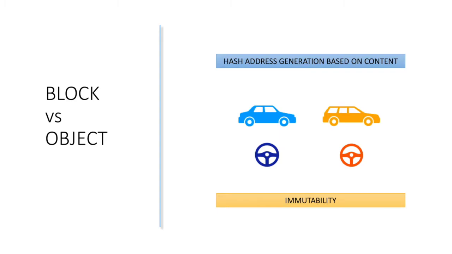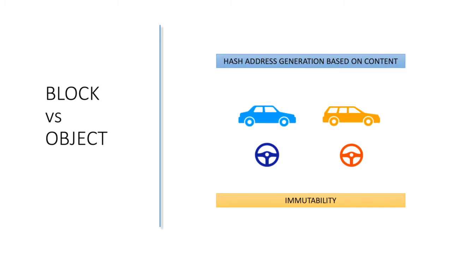If you had the capability of addressing at a block level, at a steering level, you would have just gone and changed the steering wheel. But because the car is immutable, because object is immutable, you cannot just go and change the steering wheel. You will have to change the entire car. I hope this clears your understanding of the difference between block level, file level, and object level abstraction.